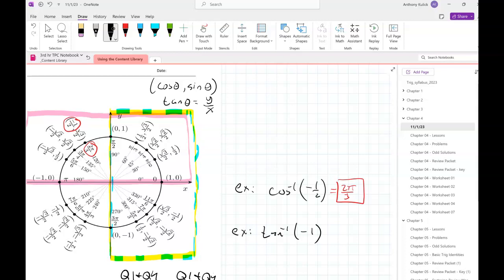So if tan of something gives me -1, what can I say about the x and y coordinates here?